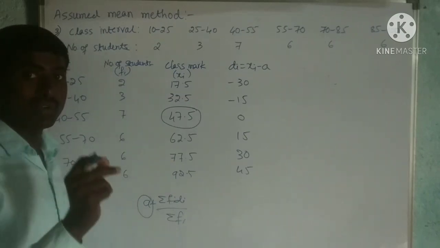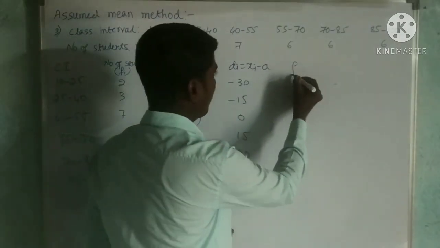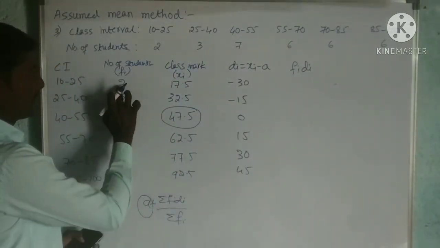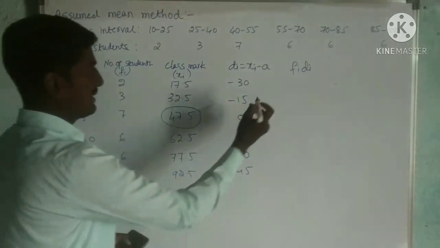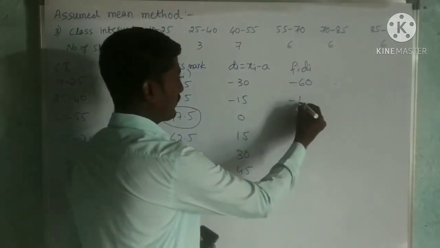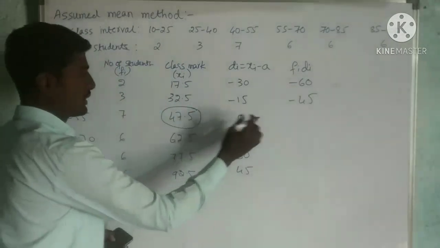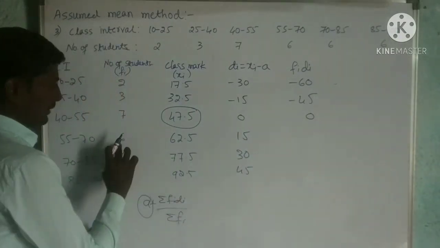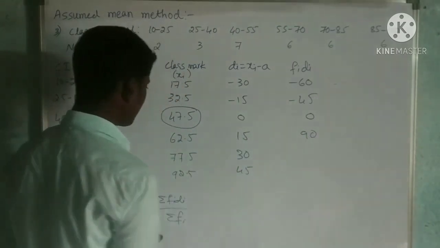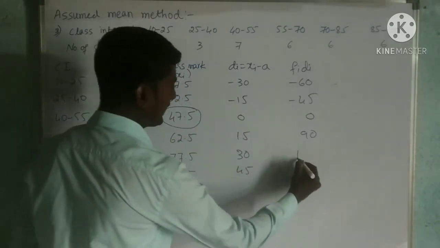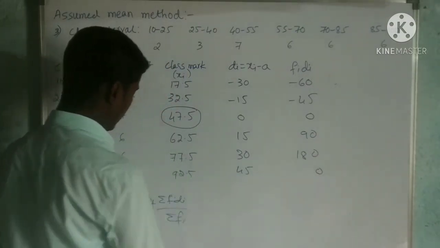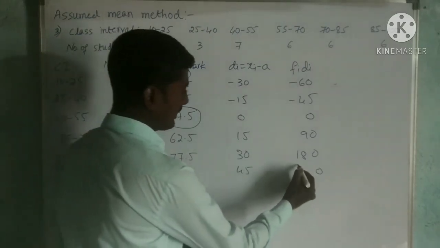In the direct method we wanted fi xi; here I want fi di. So di is here, fi is here, and we multiply these two. 2 into minus 30 is minus 60. 3 into minus 15 is minus 45. 7 into 0 is 0. 6 into 15 is 90. 6 into 30 is 180. 6 into 45 is 270.